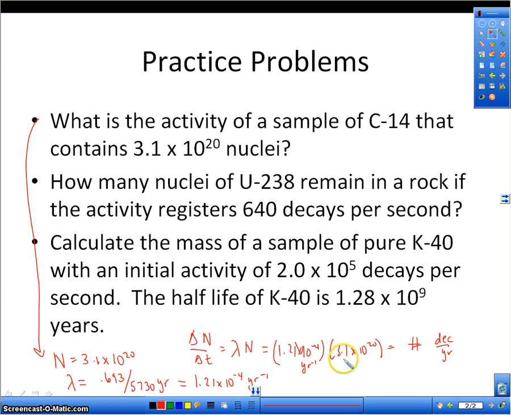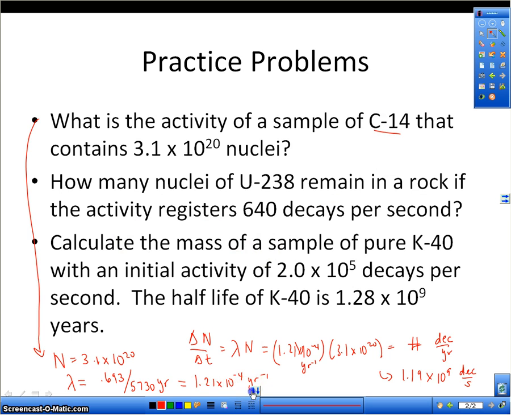If you want to convert that to nuclei per second, which is what we usually like to do, then we would convert that from nuclei per year to nuclei per second. The final answer on that is going to be 1.19 times 10 to the 9th decays per second. So if you can check your numbers, get it in decays per year, and then convert that into decays per second, that'll tell you how active that sample is, of that particular sample of carbon-14.